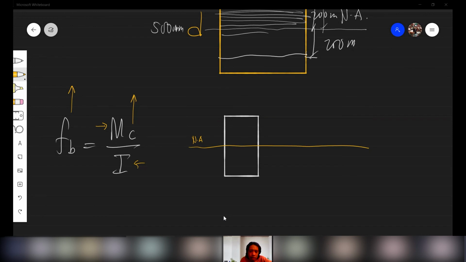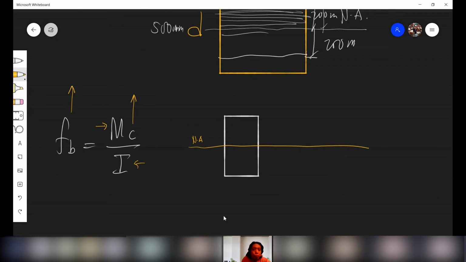The outer fibers, the upper and the lower, obviously. They are the farthest from the neutral axis. So the outermost fibers, the upper fiber and the lower fiber, are the most stressed fibers.